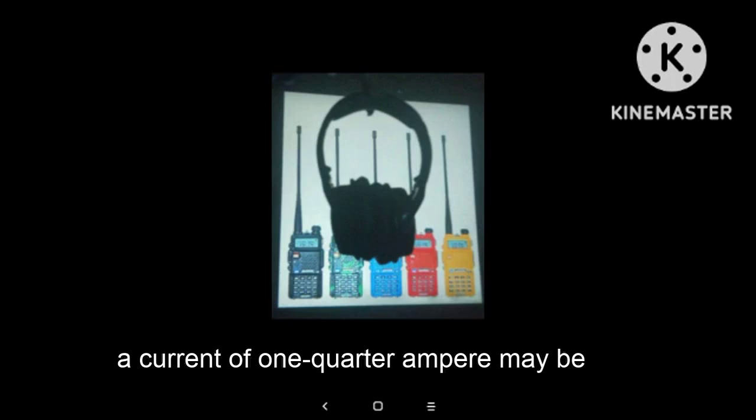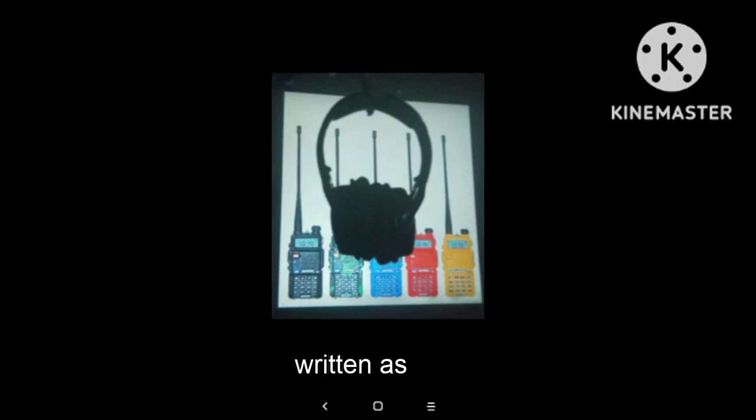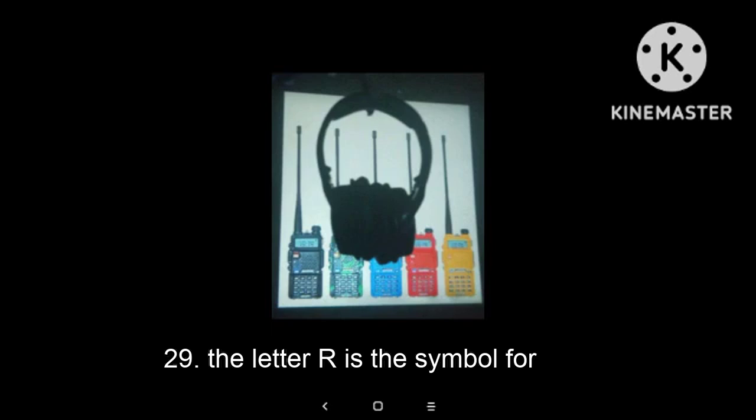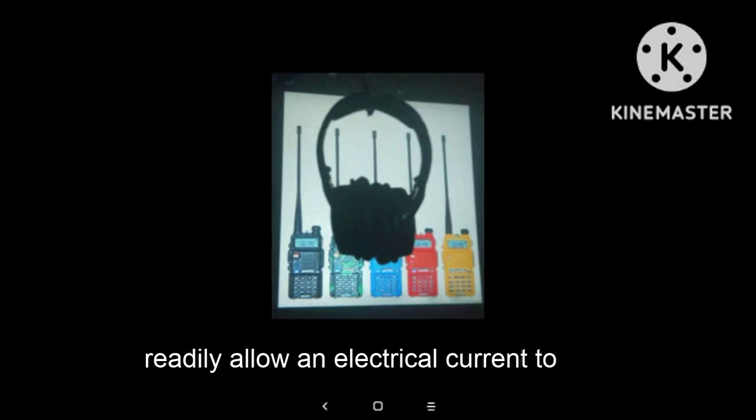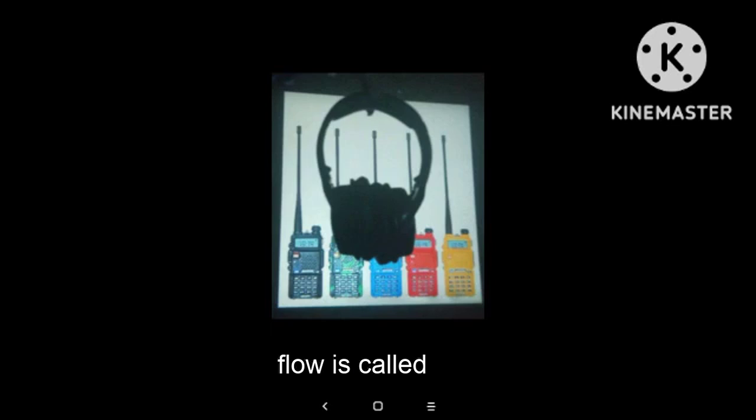A current of 1/4 ampere may be written as 250 milliamperes. 29. The letter R is the symbol for resistance. 30. The material that will most readily allow an electric current to flow is called a conductor.